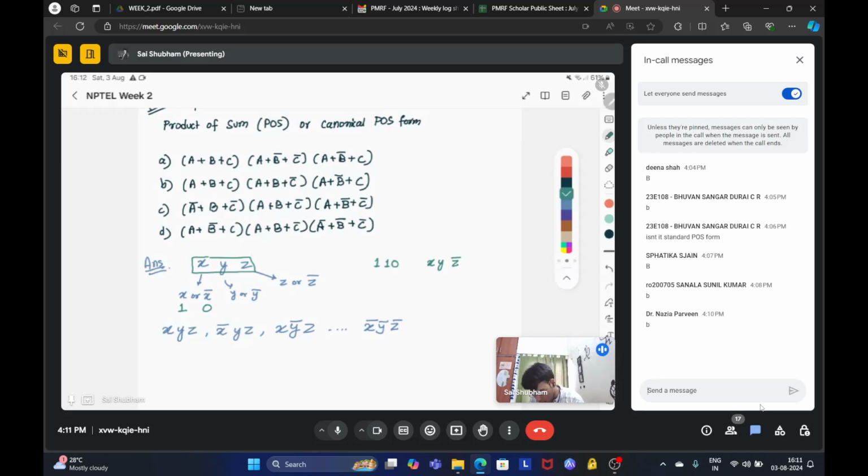And I have the order predefined: x is in the first place, y in the middle, and z in the last place. So if I represent a min term by 110, it represents x, y, z bar. If I represent the min term as 111, it is x, y, z. If it is 000, it is x bar, y bar, and z bar.